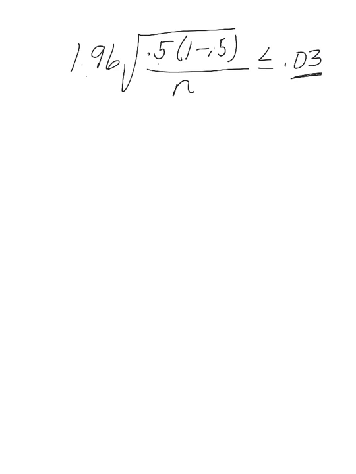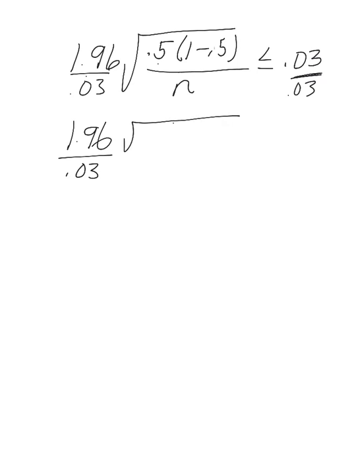Now we have to solve for n. Bring back your Algebra 2 heads. First thing I'm going to do is divide both sides by 0.03, because I'm going to try and get the n on the other side. So I divide both sides by 0.03, and we get 1.96 divided by 0.03.